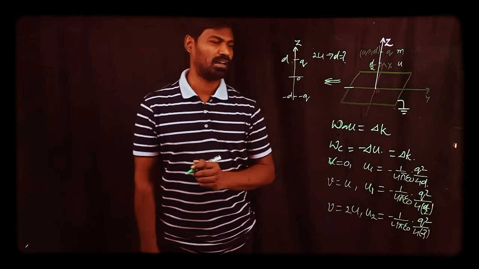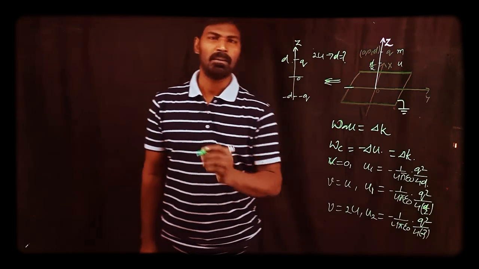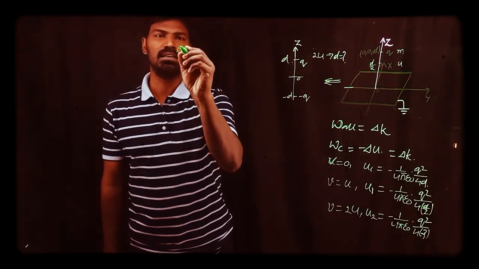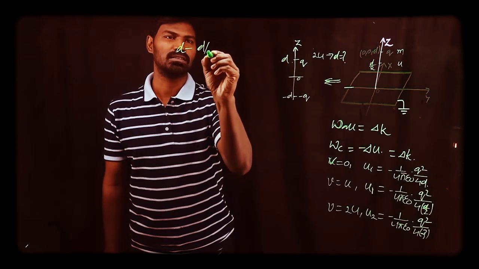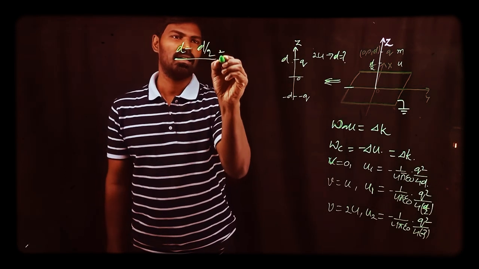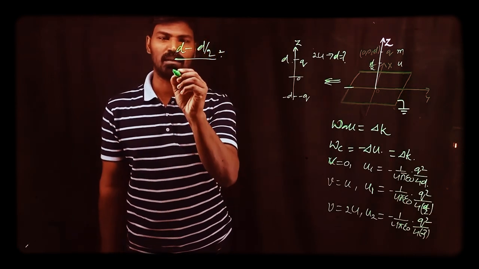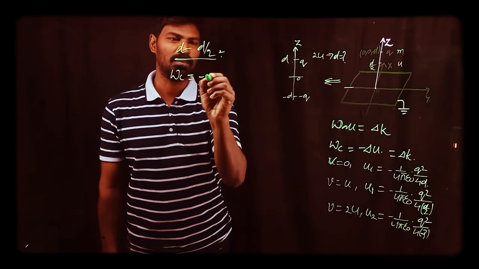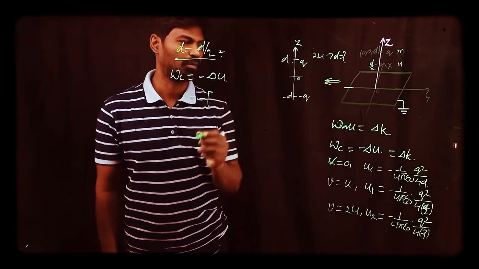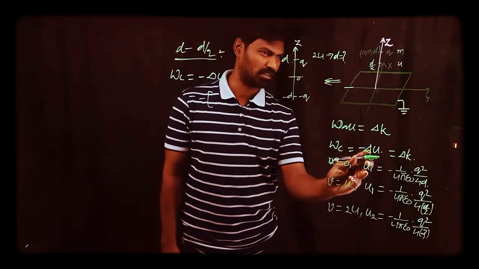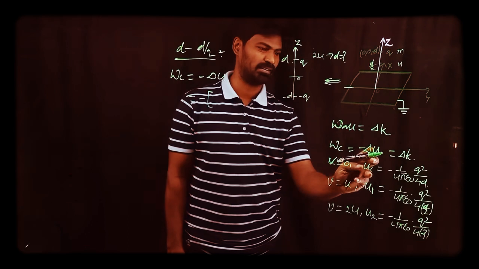Now I am applying the work energy principle for the first step, when the particle moved from d to d by 2 distance. In this interval, work done by the conservative force is equal to negative of change in potential energy, that is, negative of final potential energy minus initial potential energy.